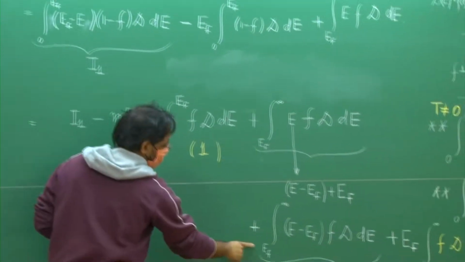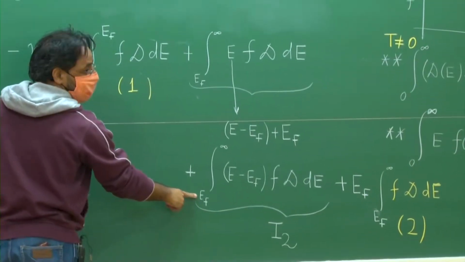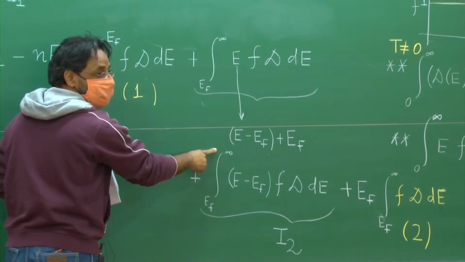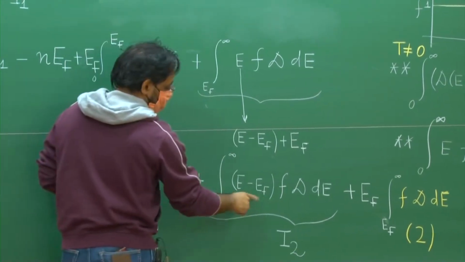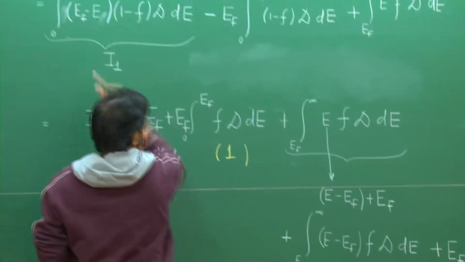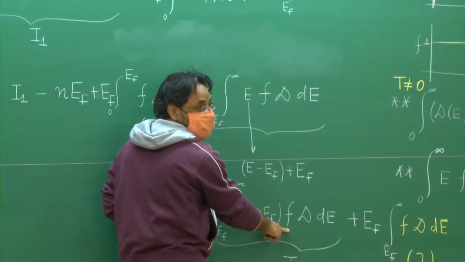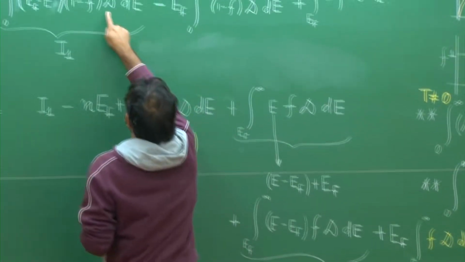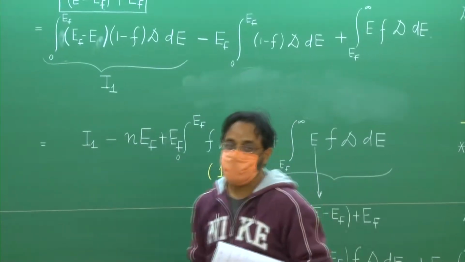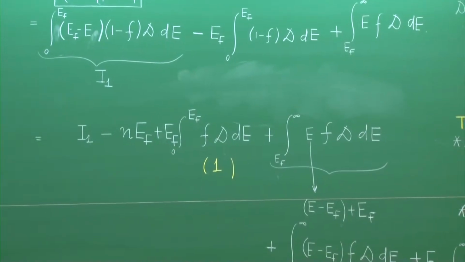On the other hand, in this integration, the limit is from EF all the way up to infinity. You have E minus EF instead of EF minus E. Instead of 1 minus F, you have F over here, and then you have dD/dE as it was here. Can you give me a physical interpretation of this?